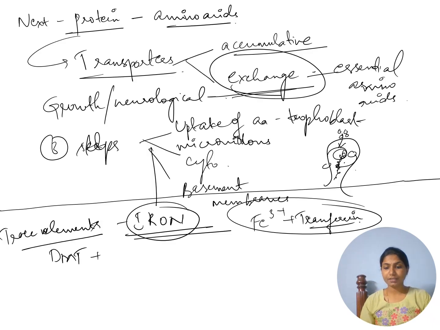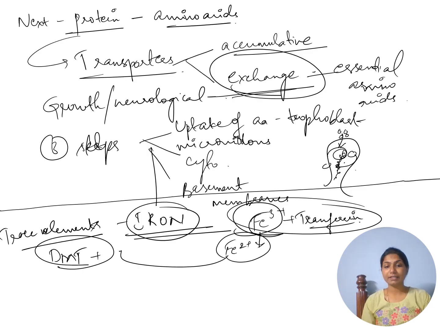that is the divalent metal transporter. And before going in, this ferric form has to be reduced to the ferrous form. Only then will the ferrous form enter the divalent metal transporter. This occurs with the help of proteins called STEAP family proteins, which reduce the ferric form into the ferrous form.